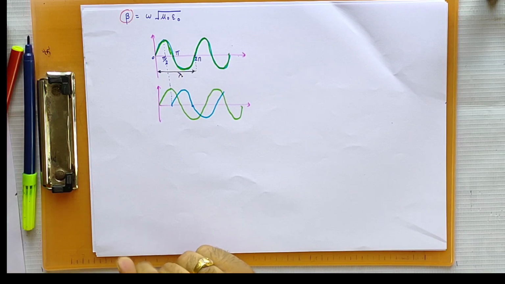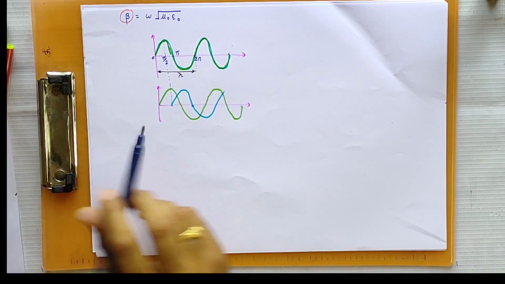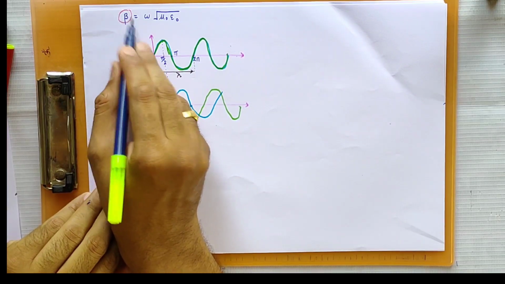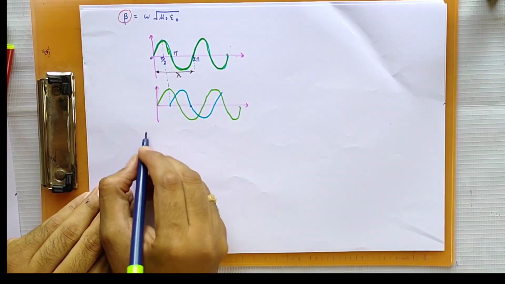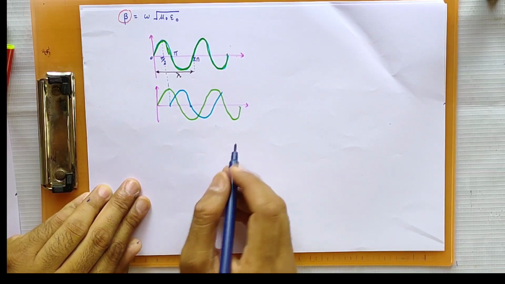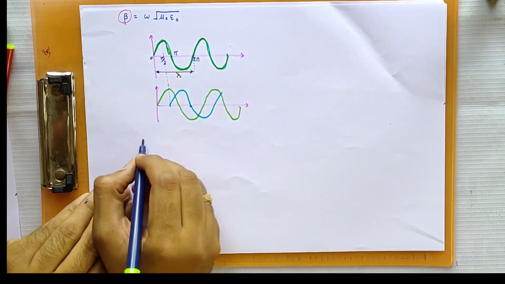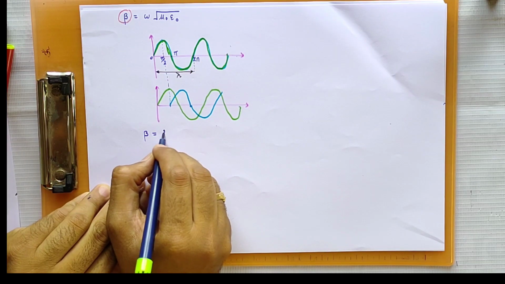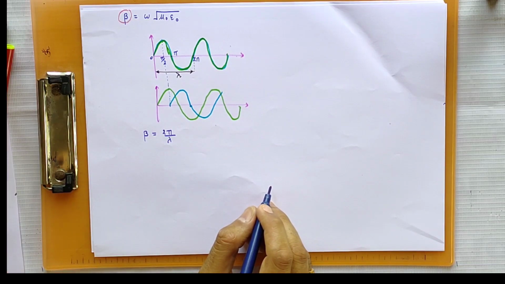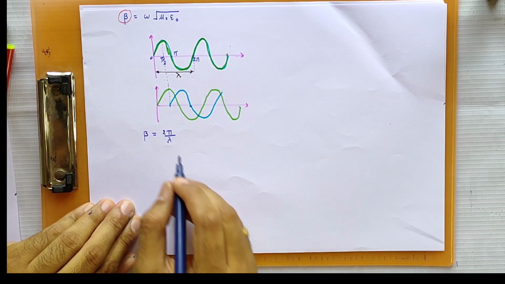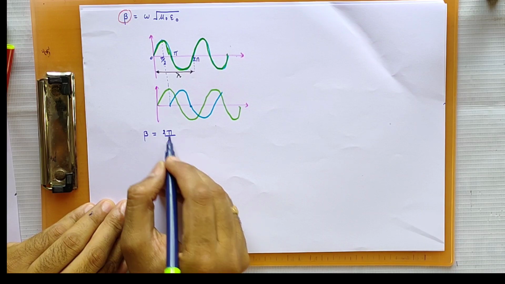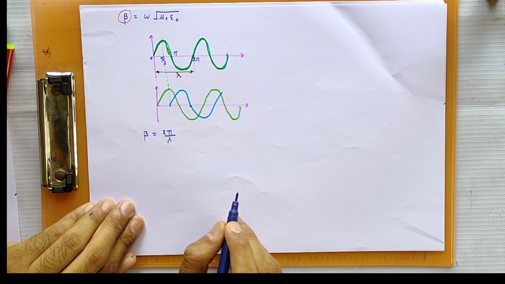So actually we have to derive the equation of beta. Beta is equal to 2 pi by lambda. For lambda wavelength, the maximum phase difference is 2 pi.